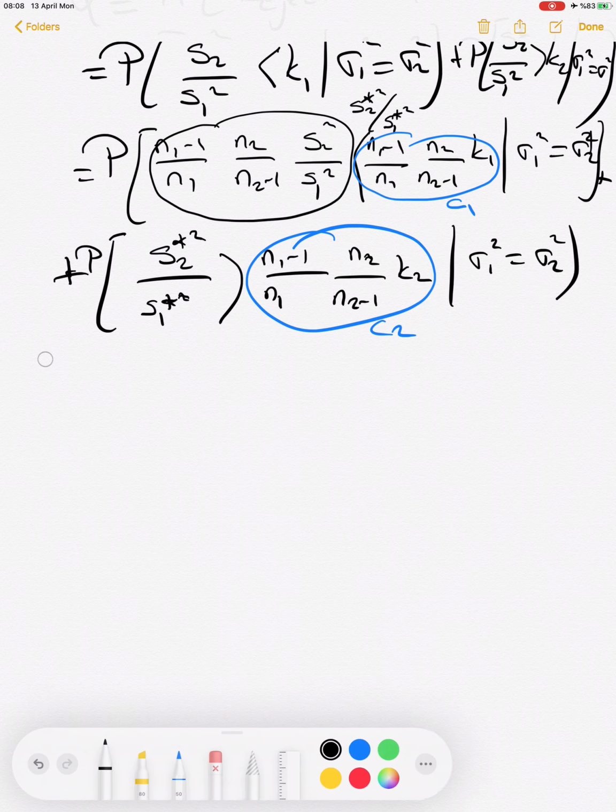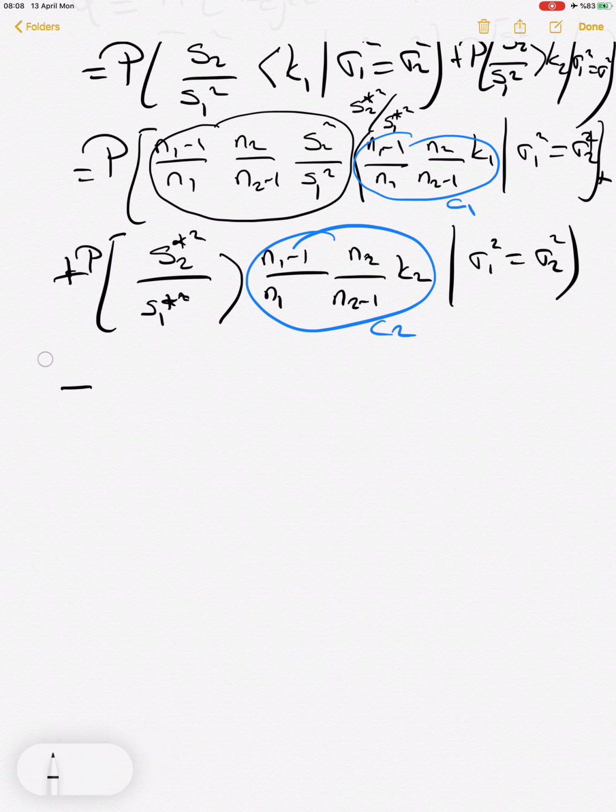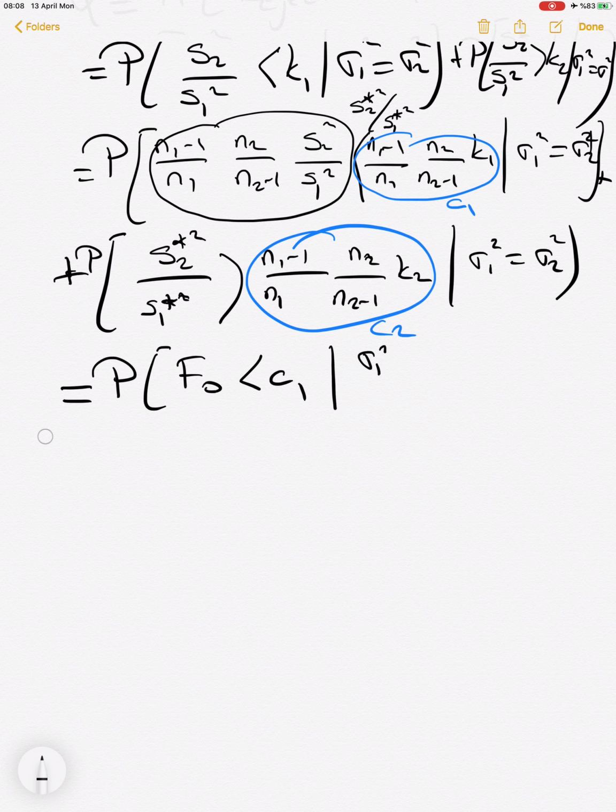Then under the null hypothesis we have F0, which is distributed as F, less than C1, given sigma 1 square equals sigma 2 square, which is 1 actually when we get the ratio, and then write the same thing here, greater than C2.